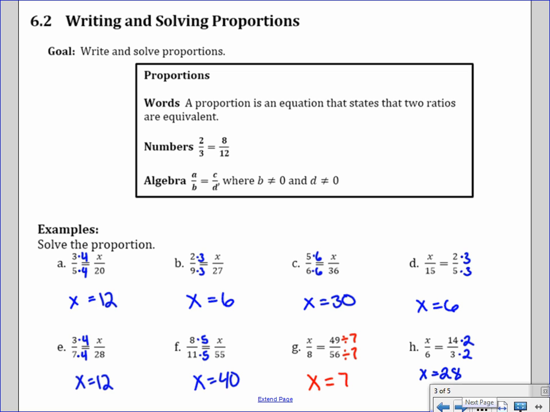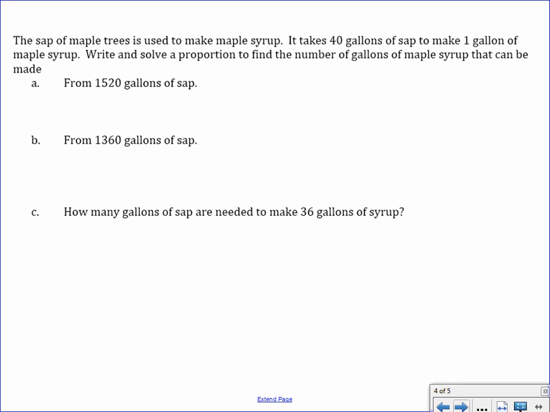We can also apply this to word problems. Anytime we have a ratio in a word problem, we can use a proportion. This word problem is: the sap of maple trees is used to make maple syrup. It takes 40 gallons of sap to make 1 gallon of maple syrup.